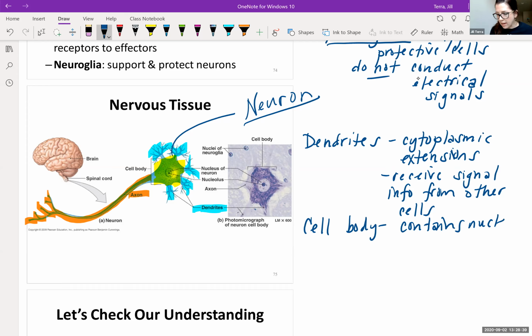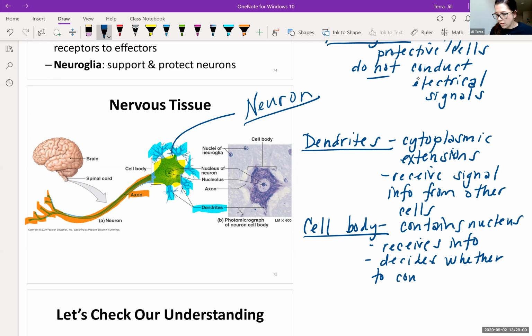We can see that. And this is kind of where the information goes. And so the cell body then decides on whether or not to conduct a nerve impulse or an action potential. I'll just call it a signal for now, just shorthand.